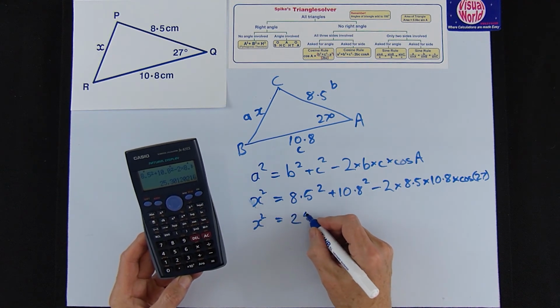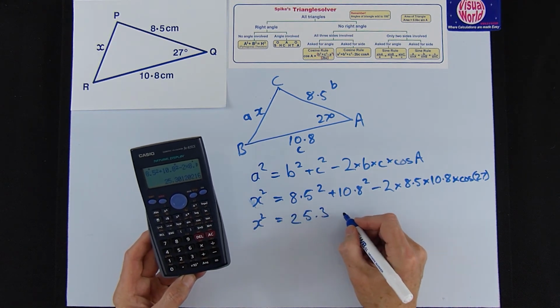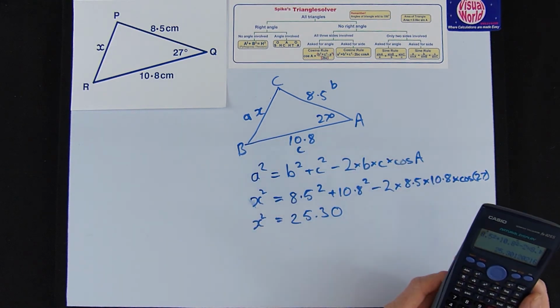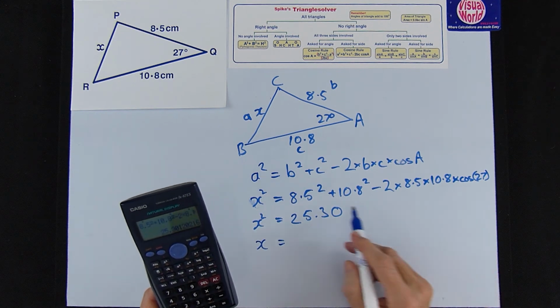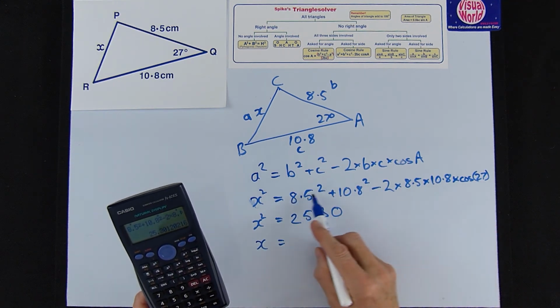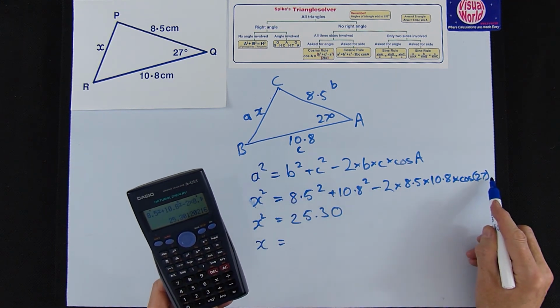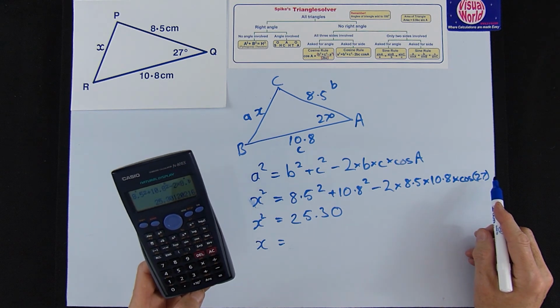Always keep an extra figure, but you don't really need it there. Now to find x, you notice we didn't need to put any brackets there. If it's in one line, you just do it as it is.